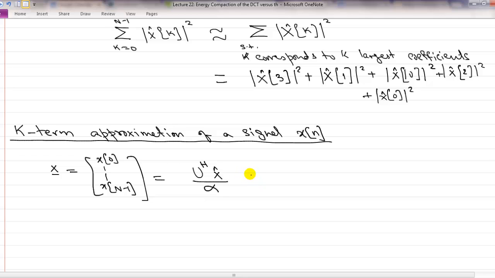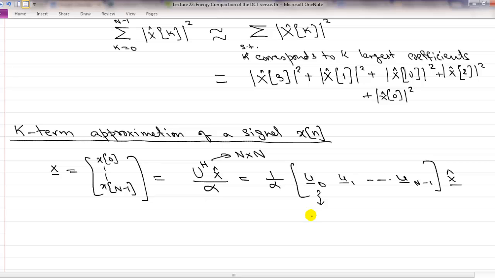Now this U Hermitian is again an n by n matrix, so I'll write it in terms of its columns. It's 1 over alpha times the columns u0, u1 up to un minus 1, times x hat. So you have this as an n by n matrix, a collection of n columns where each column is an n by 1 vector.